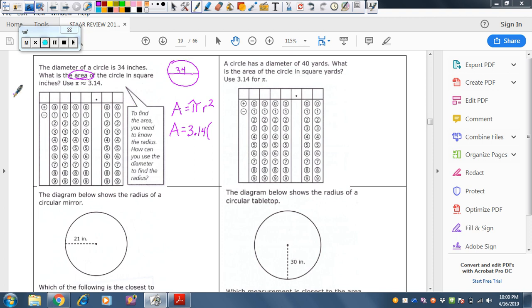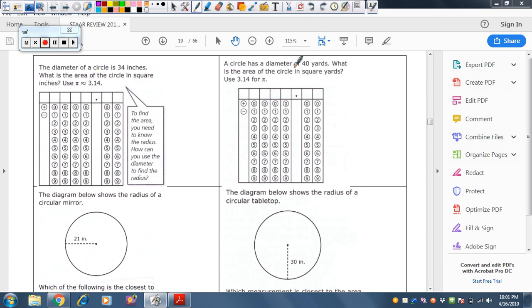The radius is whatever 34 divided by 2 is. Now you're going to have 3.14 times whatever 17 times 17 is. Not 17 times 2. That answer goes in your griddable.